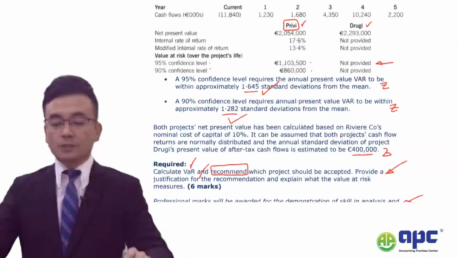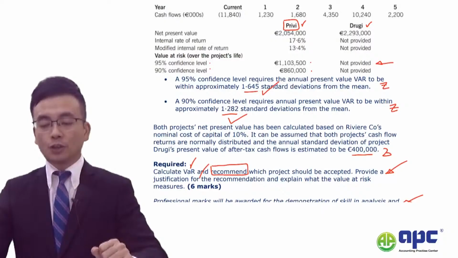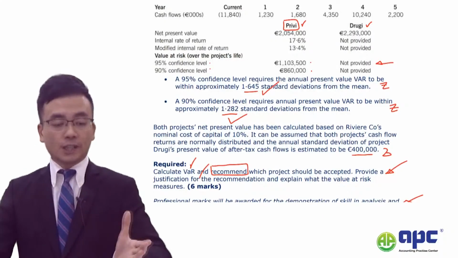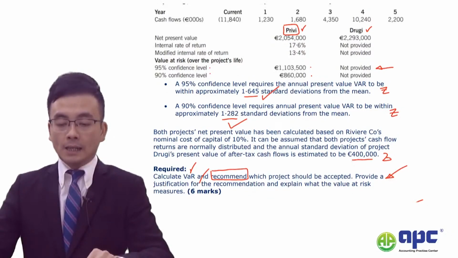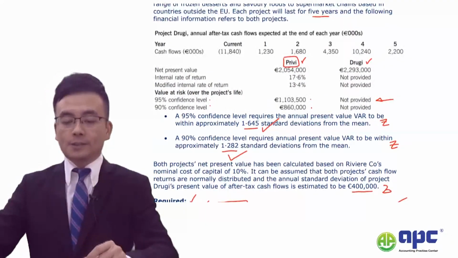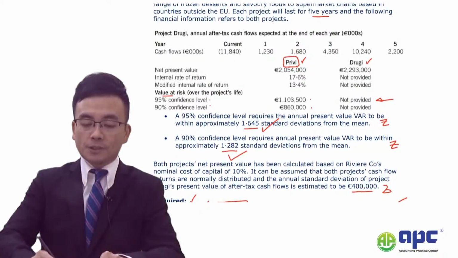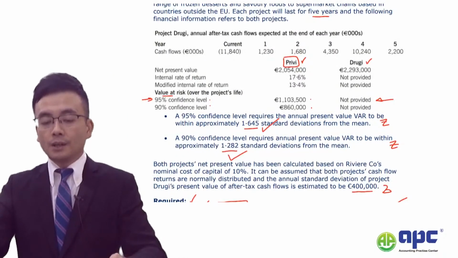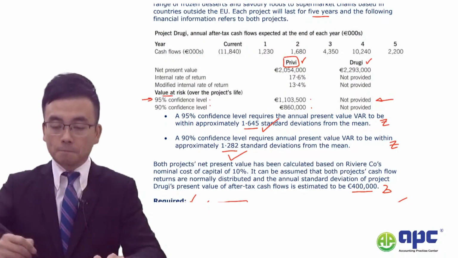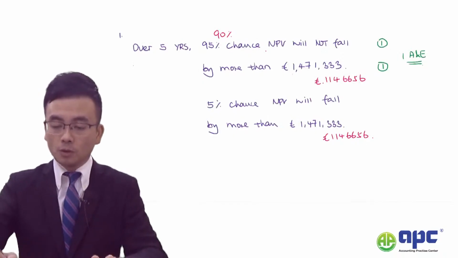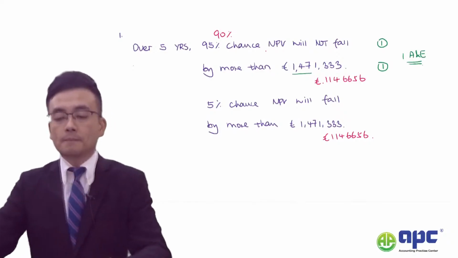But you also need to recommend which project should be accepted, because you are given two projects, one called P and one called D. Looking at the value at risk, focusing on the 95% chance, it will not fall by 1.1 million for P, but here it's 1.4 million.